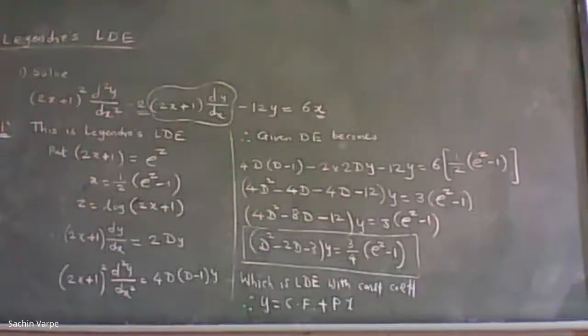Okay. Please check the calculations. It's just a matter of calculations now. But if you still have any doubt in concept, please ask. Please don't get confused with the concepts.